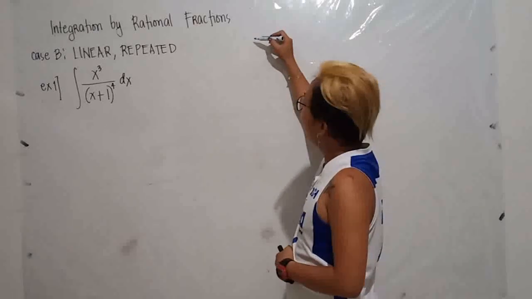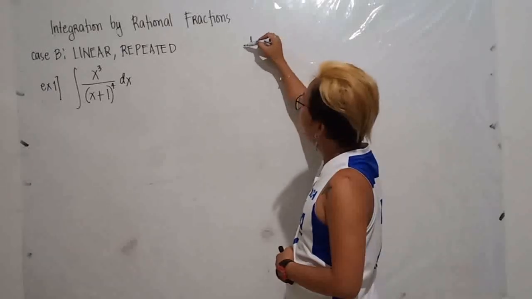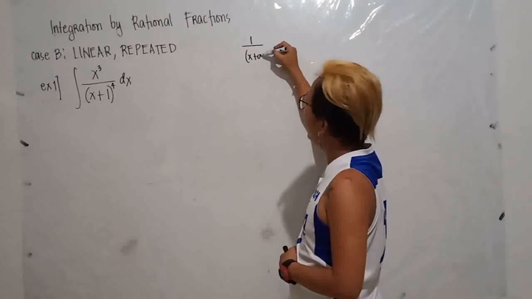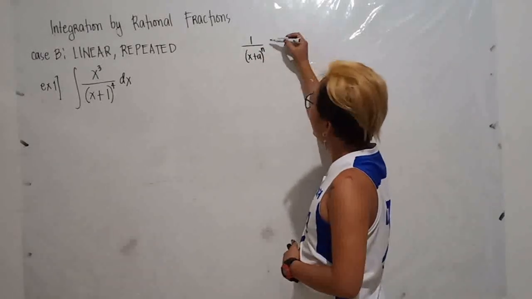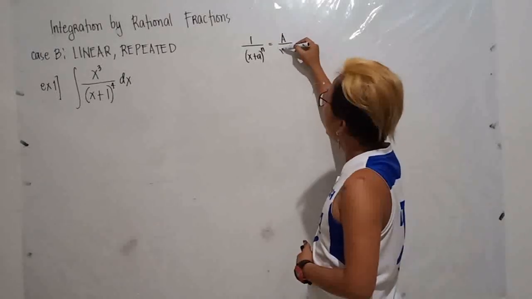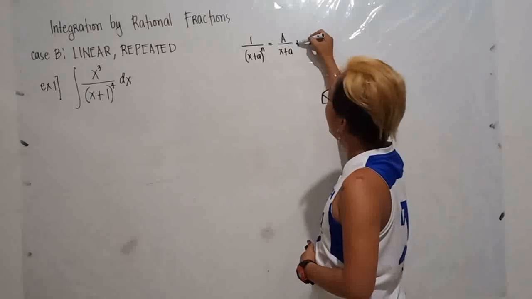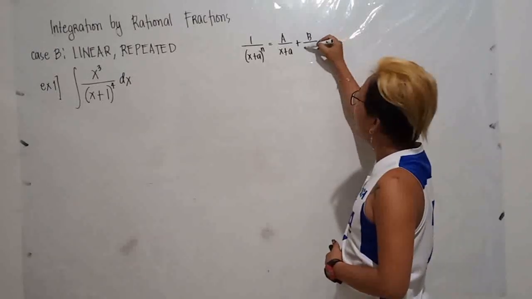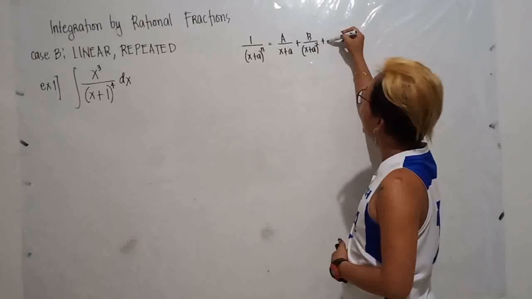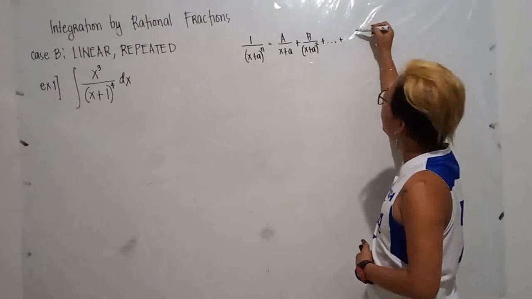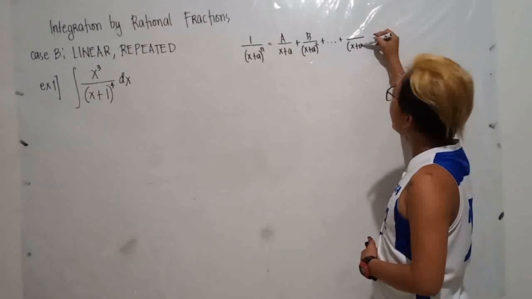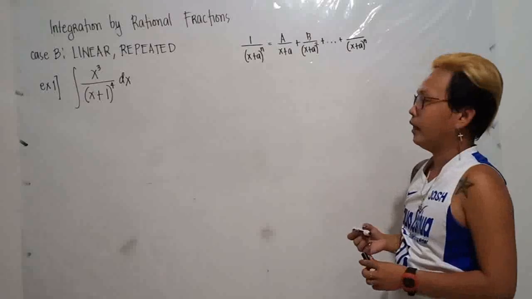So, kapag nagkaroon ka ng numerator over, let's say, x plus a raised to n, ang mangyayari, you will have A over x plus a, then B over x plus a squared, hanggang sa maabot mo yung x plus a raised to n.